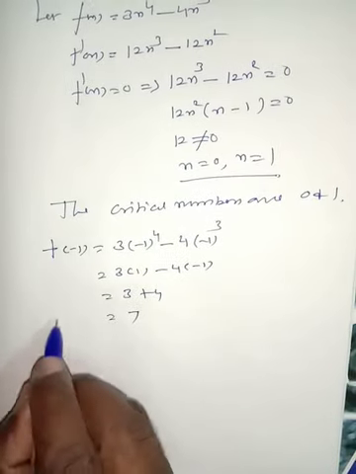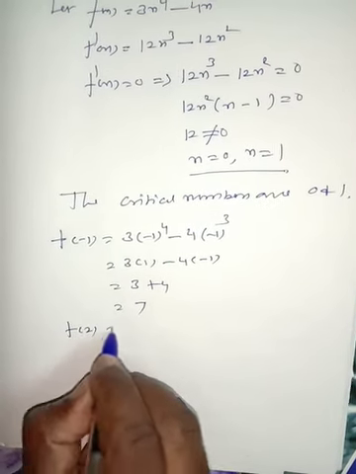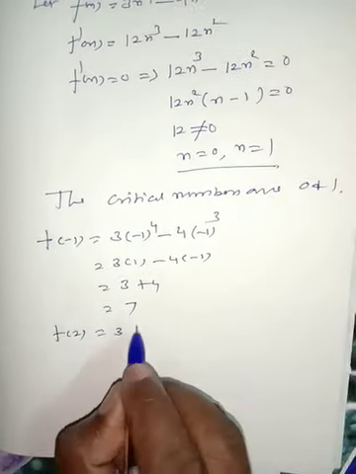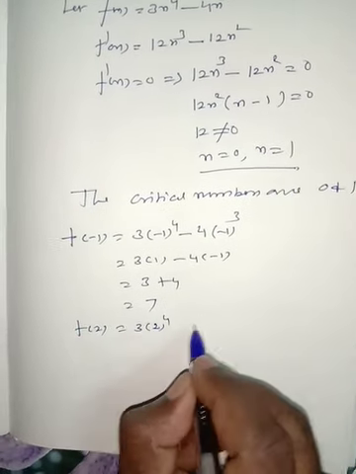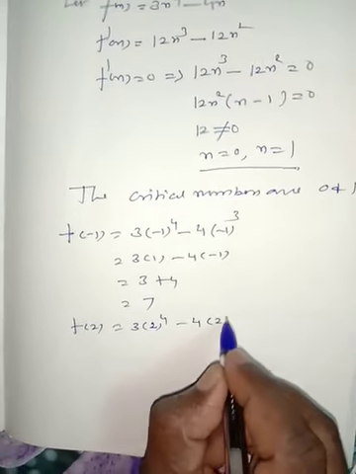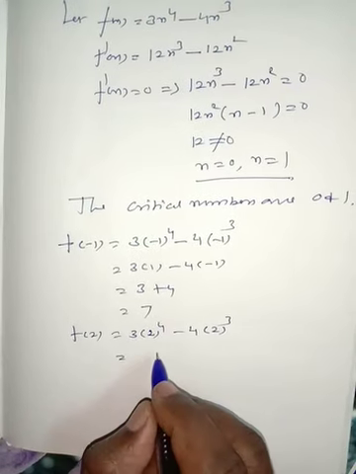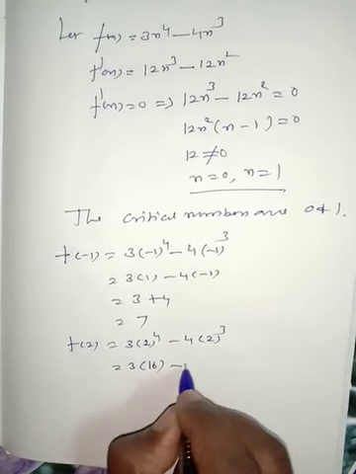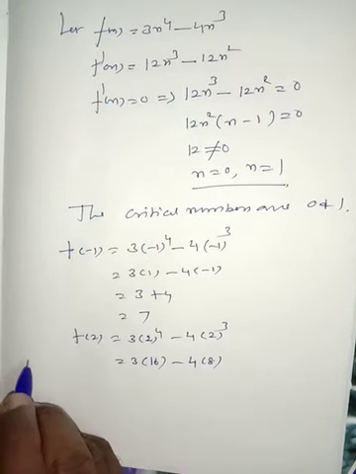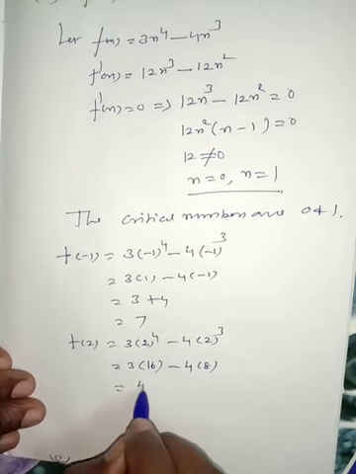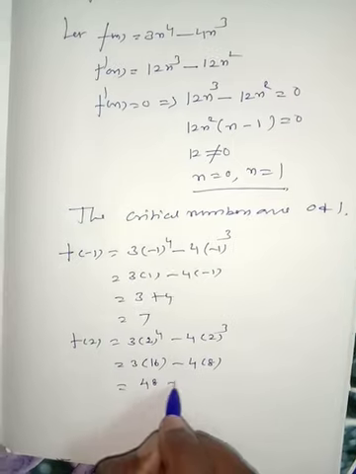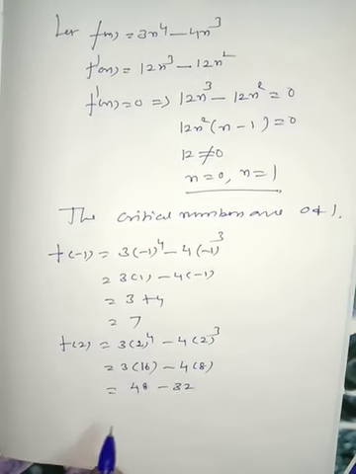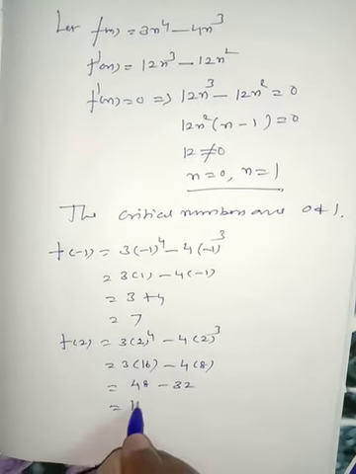Next, f of 2. f of 2 is equal to 3 into 2 to the power of 4 minus 4 into 2 to the power of 3, is equal to 3 into 16 minus 4 into 8. 3 16s are 48, minus 32 is equal to 16.